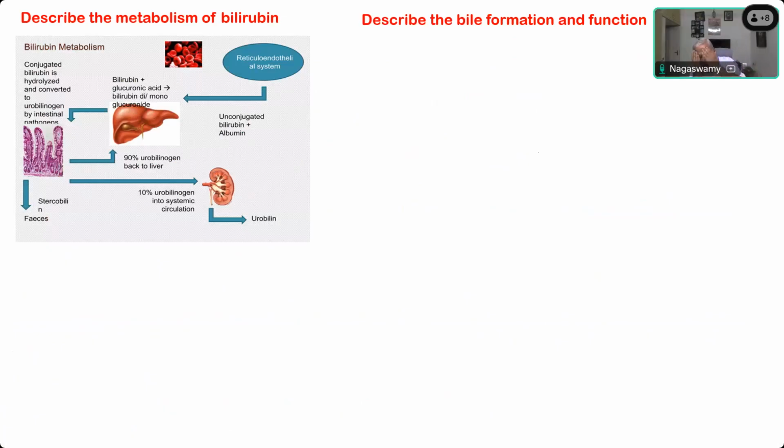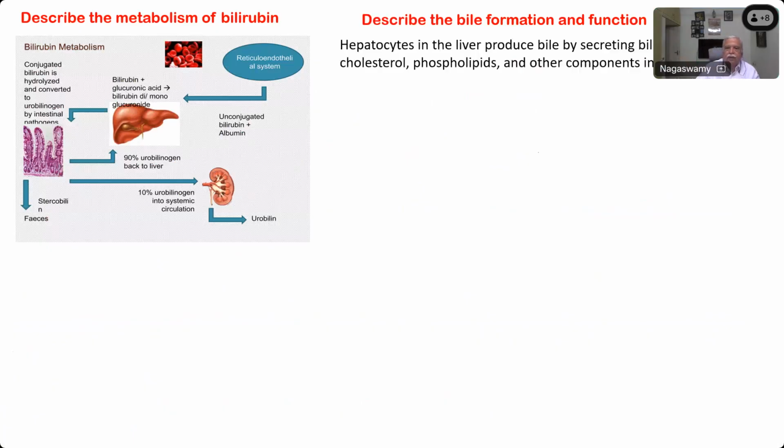Histologically, you must say which particular cells are responsible for secreting the bile. Hepatocytes. Is it only hepatocytes which contribute to the formation of bile? Hepatocytes in the liver produce bile by secreting bile salts, cholesterol, phospholipids, and other components.